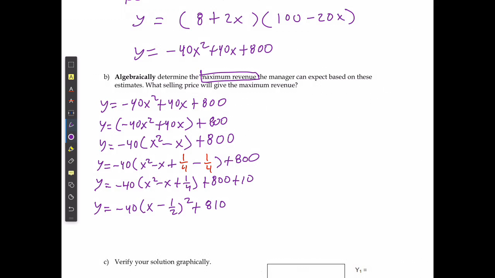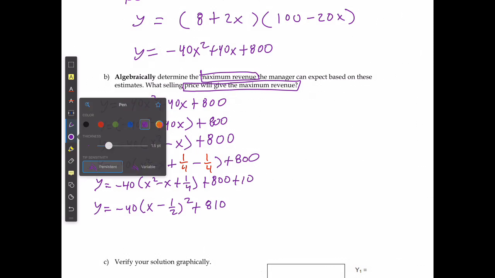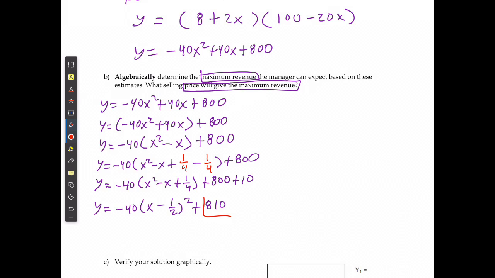If it's saying what selling price will give the maximum revenue, well, the maximum revenue I can see right here is going to be the Y value of 810. This is when I have a change of 1/2 x's.